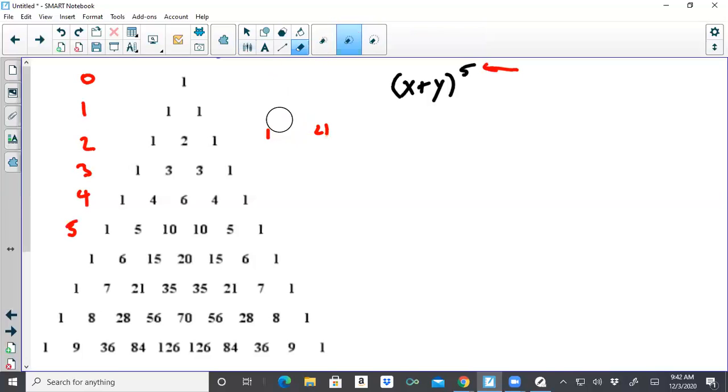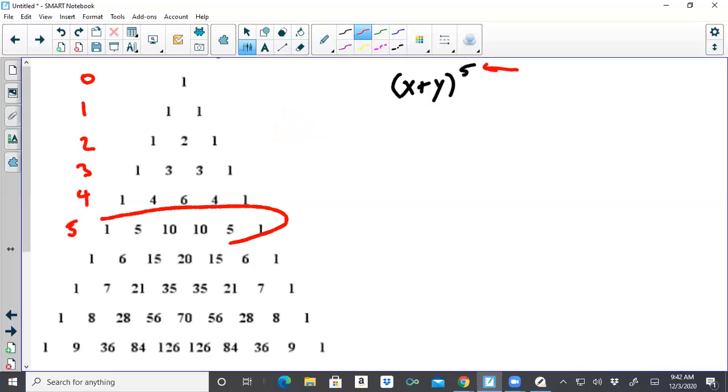All right? So that being said, what we're going to deal with is the triangle to help us solve this problem. So if I look at this, I can see that I'm dealing in row 5, so I'm going to go to row 5, and I'm going to write down all of these as coefficients. So 1, 5, 10, 10, and then I'm going to come down, hang on.